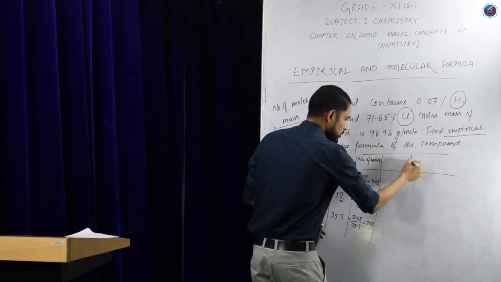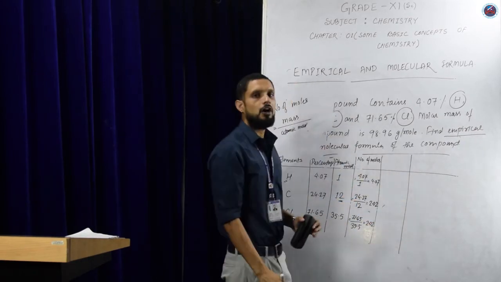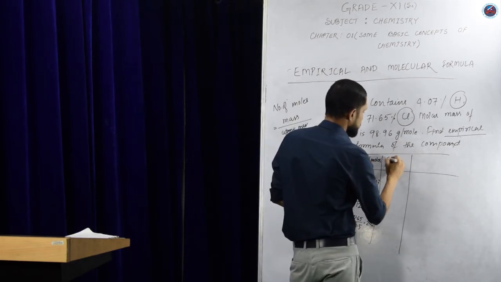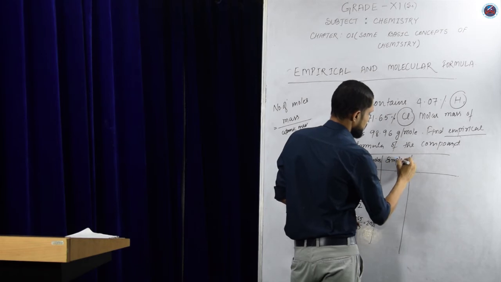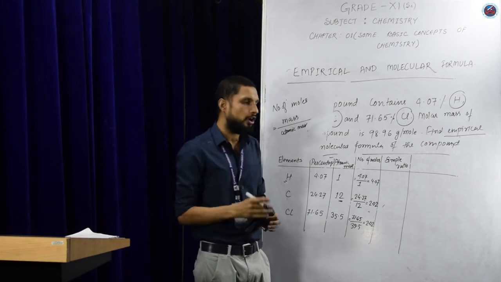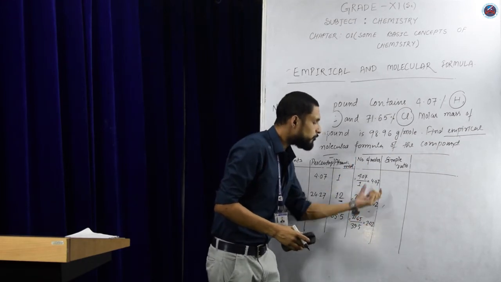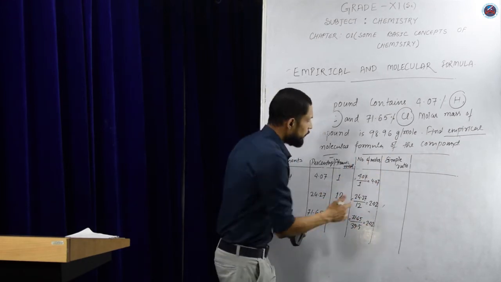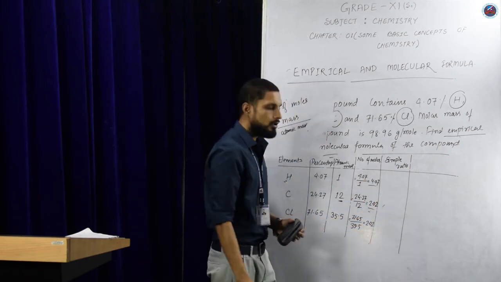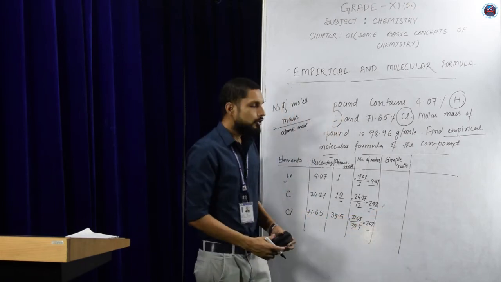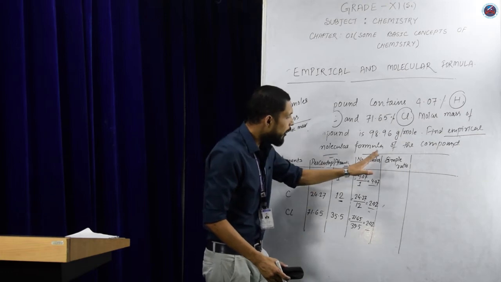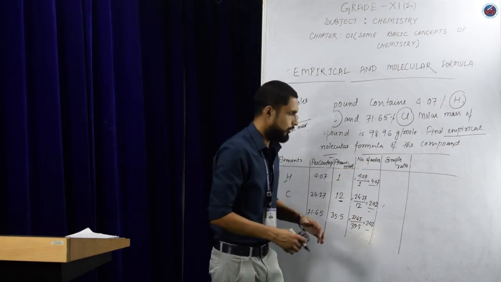Next, you have to find out the relative ratio or simple ratio. In order to find the simple ratio, you take the smallest number from here. Now, if you compare 4.07, 2.02, 2.02, you can take the smallest, that is 2.02, and you'll divide all the numbers by that number.